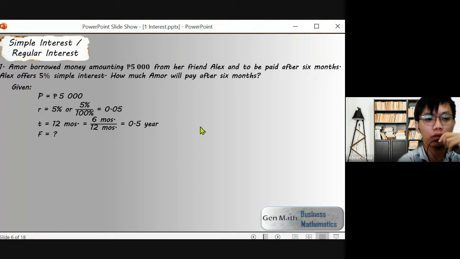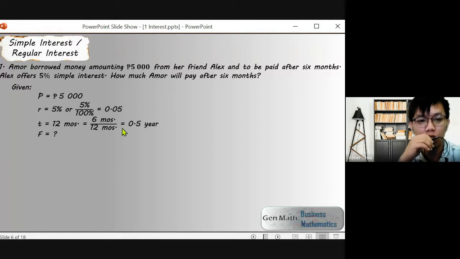And to do that, you're just going to divide 6 months by 12 months. So meron tayong 12 months sa isang taon, so we have by 12 pala. So 6 months divided by 12 months or 6 divided by 12, and that will be 0.5 years.